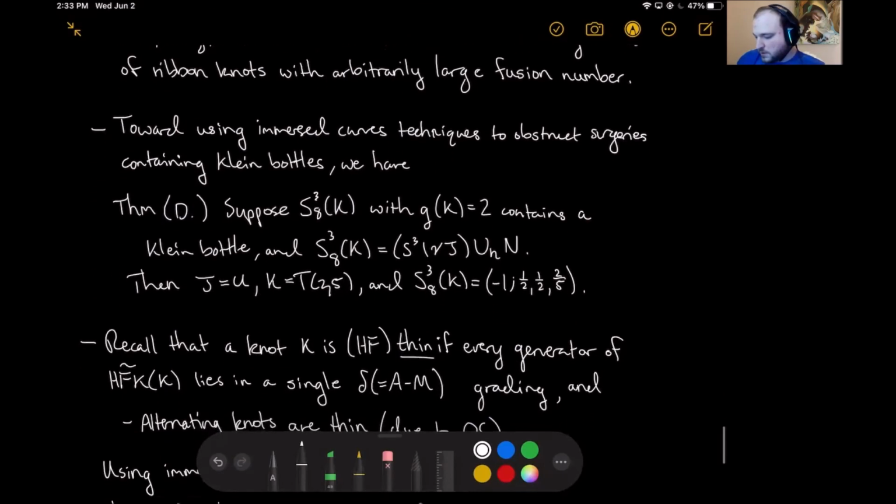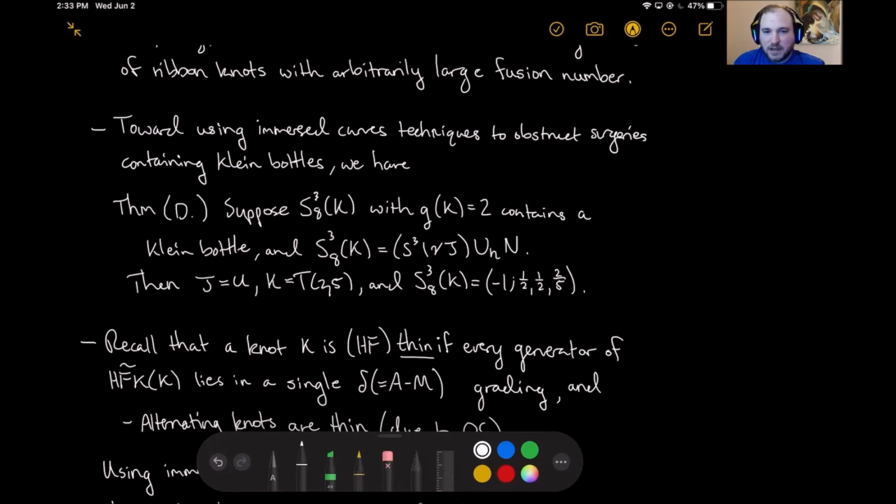Before, I'd shown using immersed curves in the context of Klein bottles, trying to investigate when a surgery would admit a Klein bottle. And in this case, a lot was known about genus 0 and the single genus 0, and then genus 1 knots admitting surgeries containing Klein bottles. For genus 2, an interesting slope that could happen is 8.